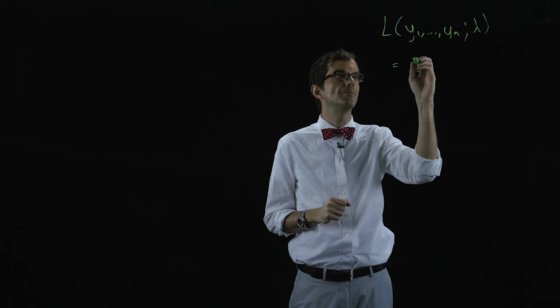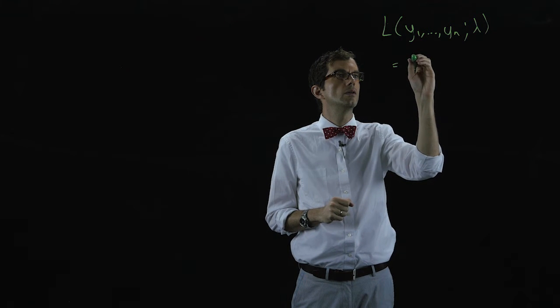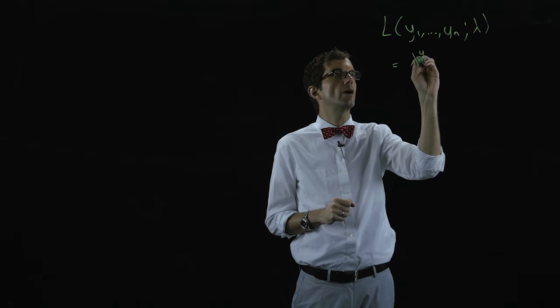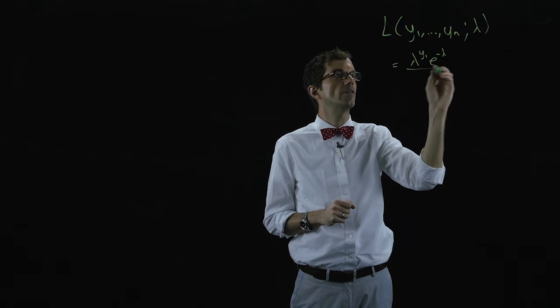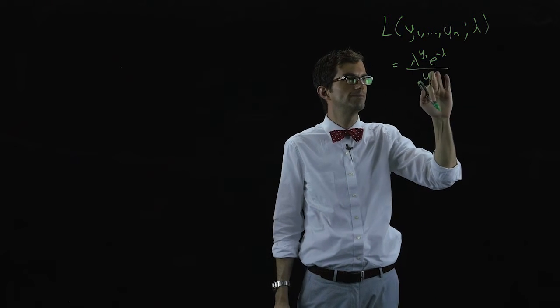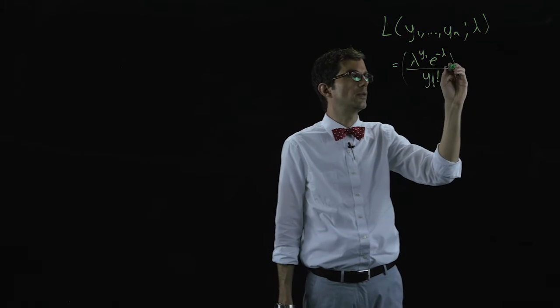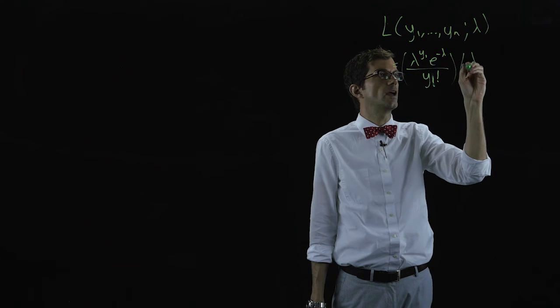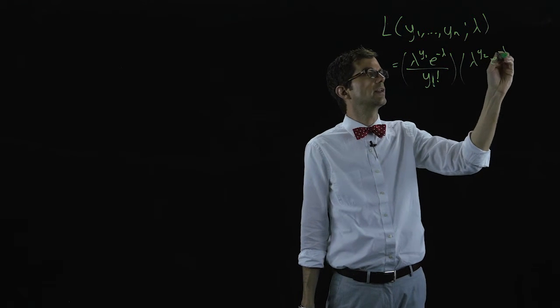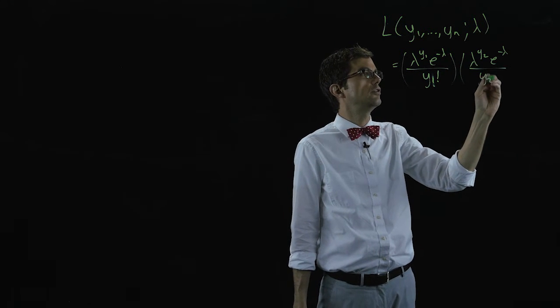So that would be lambda to the y1 e to the minus lambda divided by y1 factorial. We're going to multiply that by lambda to the y2 e to the minus lambda over y2 factorial.